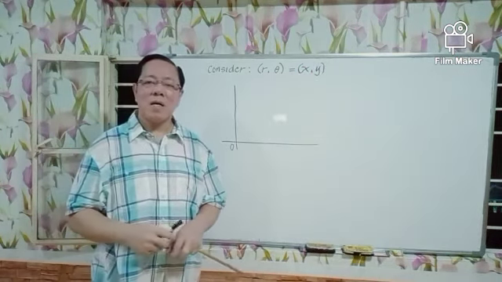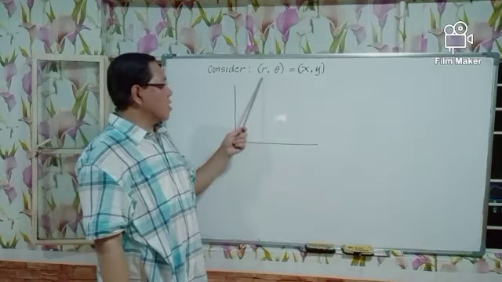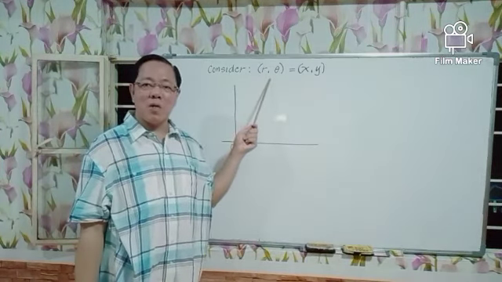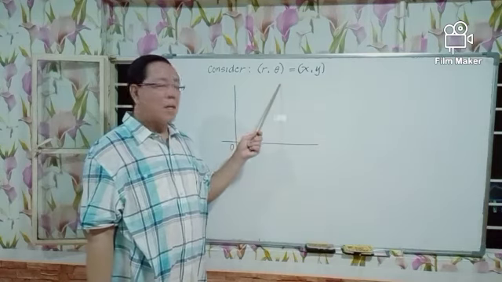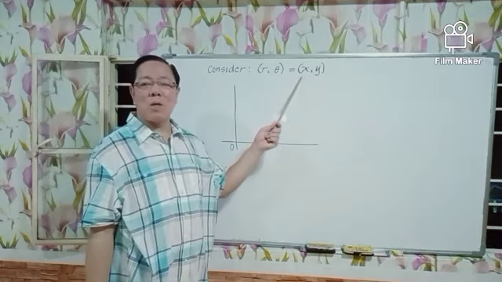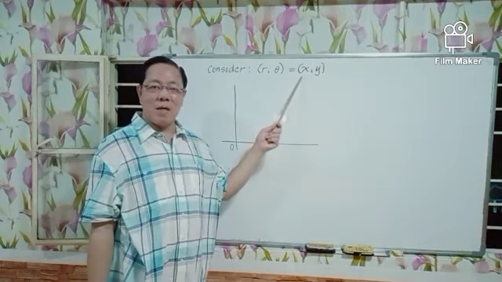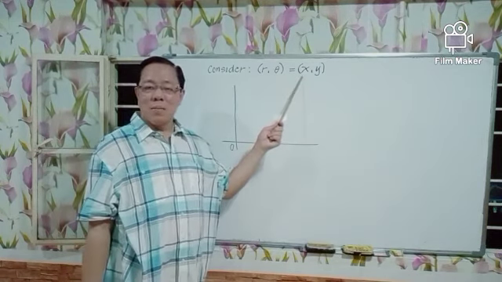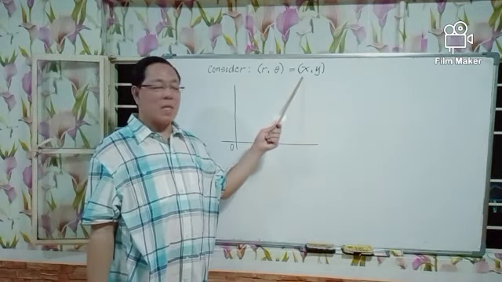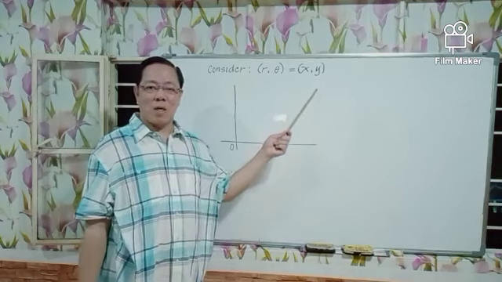We want to find the Cartesian coordinates of the point with polar coordinates r, theta. And vice versa, we will find a way to find the polar coordinates of the point with Cartesian coordinates x, y.